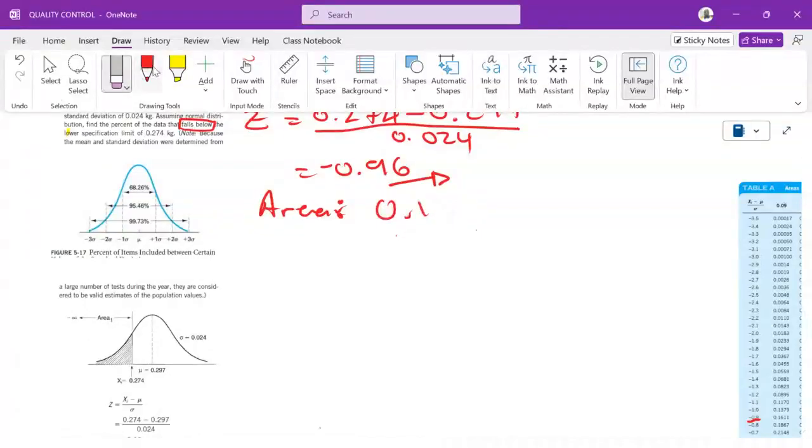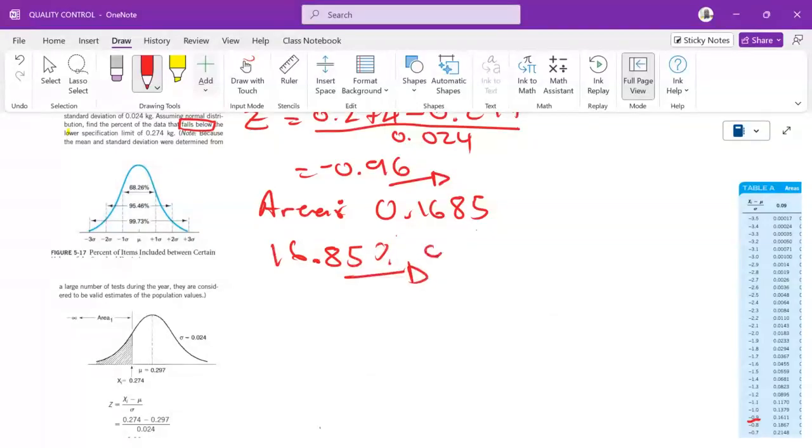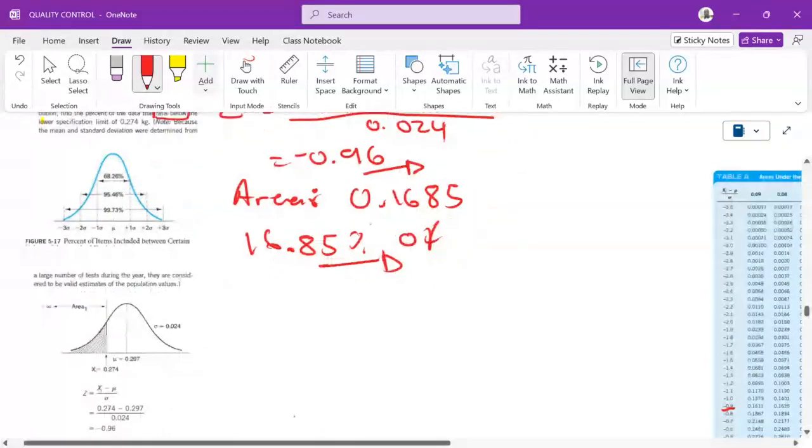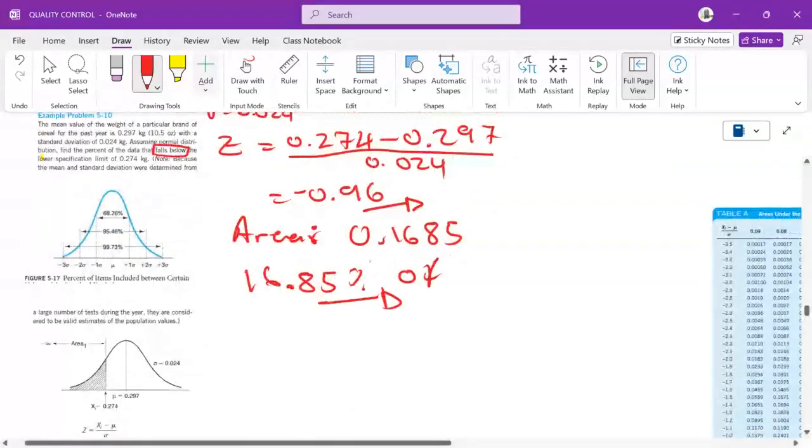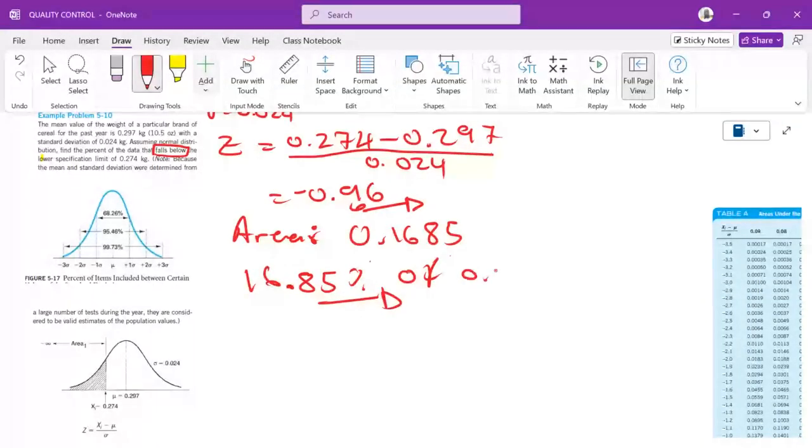So now there's another thing that is very important. The area on that space is 16%. So 16% of the data falls below 0.274.